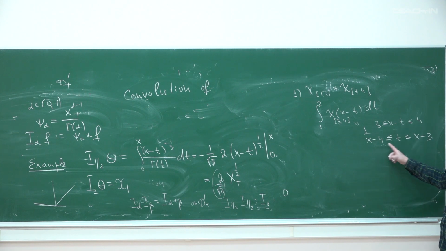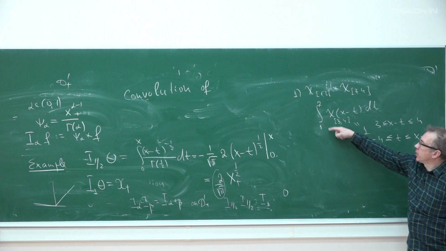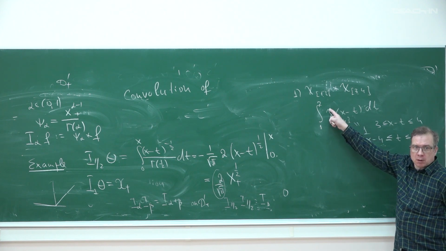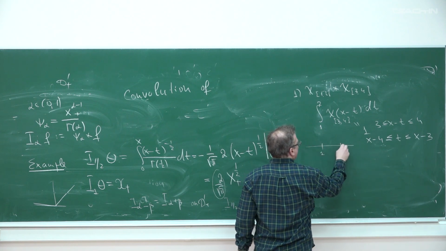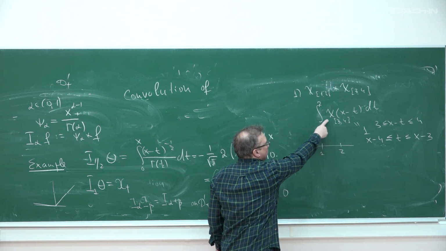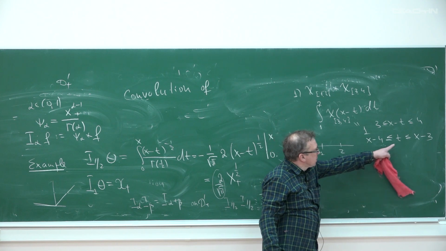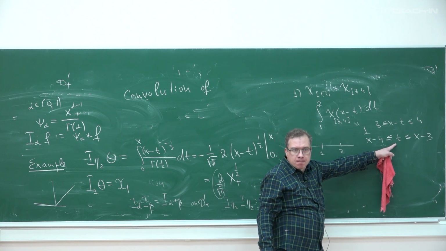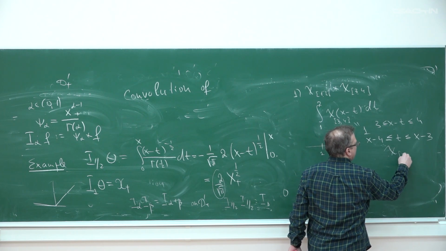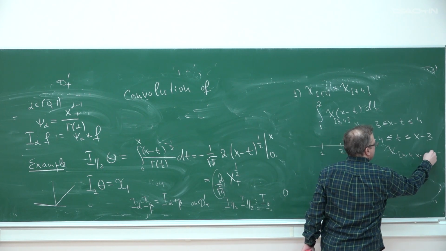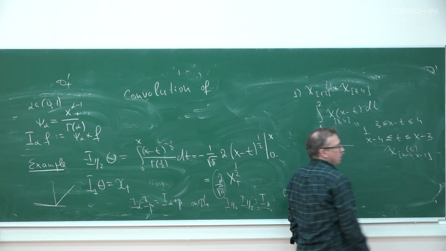You see the distance between these bounds is 1, and here the integration is 1. You integrate over the interval 1, 2, but here we have a characteristic function, and you can rewrite it as the characteristic function of the interval x minus 4, x minus 3, but of t.